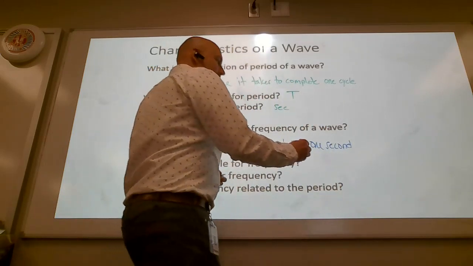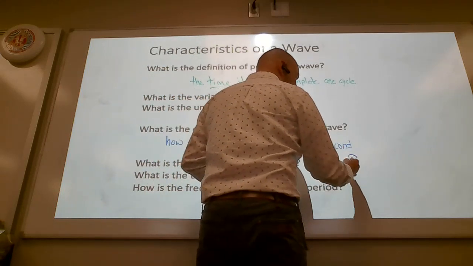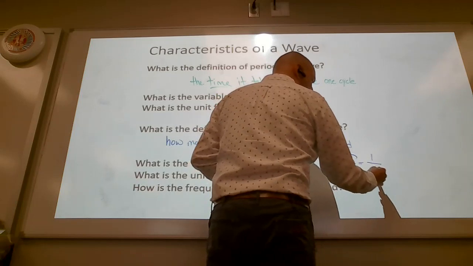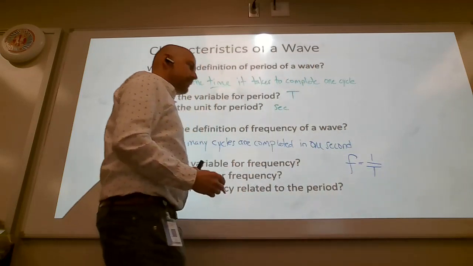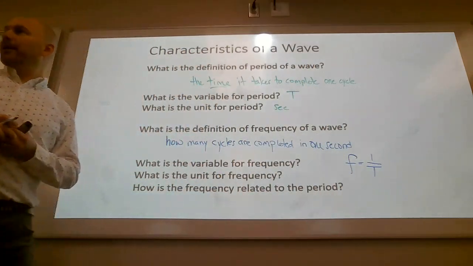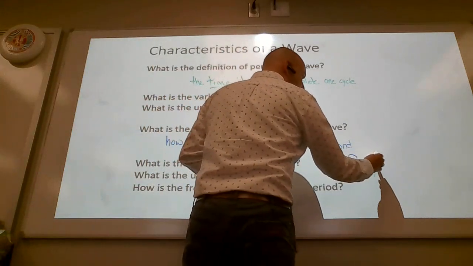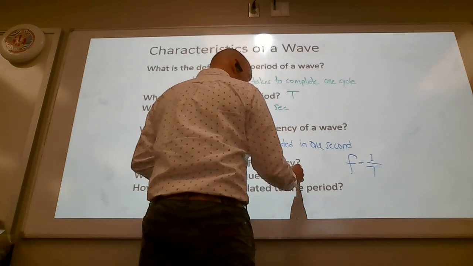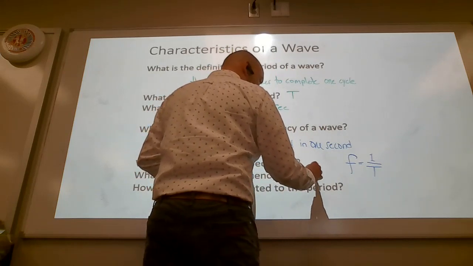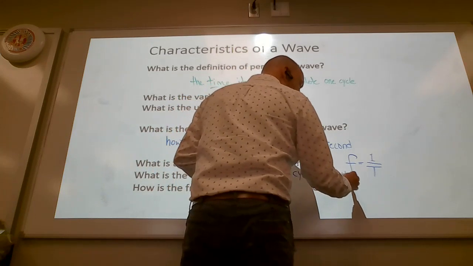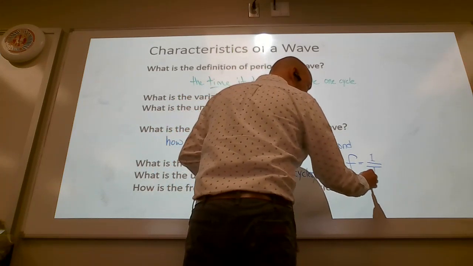Okay. The variable for frequency is a lowercase f, and the equation for that is 1 over t, 1 over the period, and that has units of cycles per second, which is a hertz, like the rental car company.